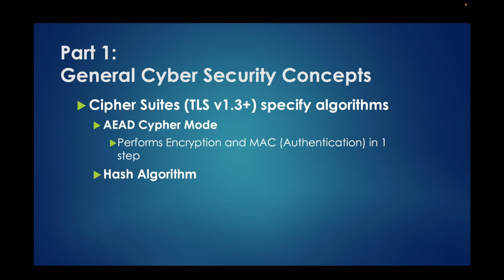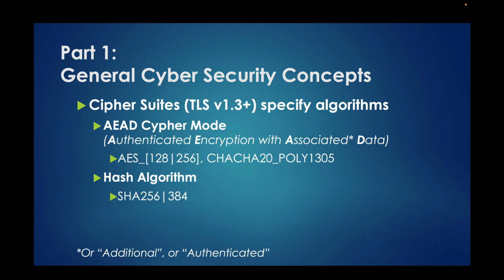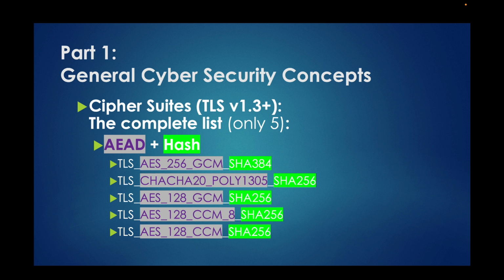This is more secure than the 1.2 version that considered encryption and authentication separately, performing what is known as MAC then encrypt, instead accomplishing both in a single step. The choices for authenticated encryption with associated data are AES 128 or 256 and SHA-2 with Poly 1305. And for the hash algorithm, SHA-256 or 384. So here's the complete list of Cypher suites for TLS version 1.3.